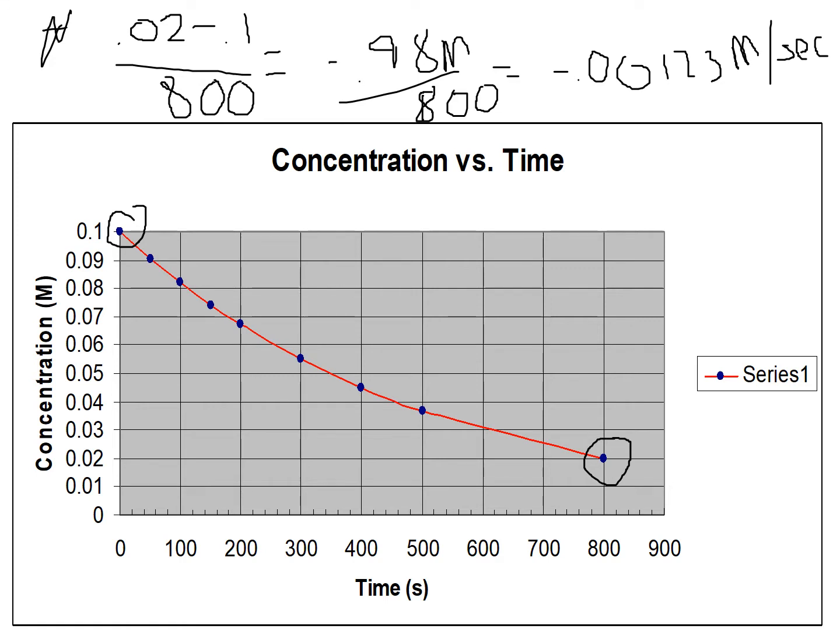Notice that negative there. Generally, when we talk reaction rates, by default, we don't have any negatives. So we would say that this has a reaction rate of 0.00123 molarity per second, acknowledging that we're finding this from the concentration change of a reactant. That's where the negative comes in. And we'll talk more about the fine details of this as we proceed.